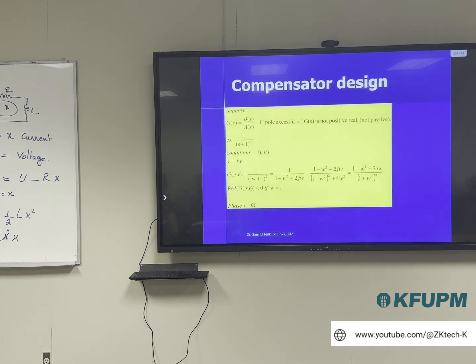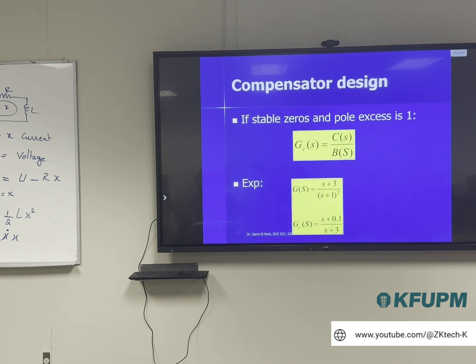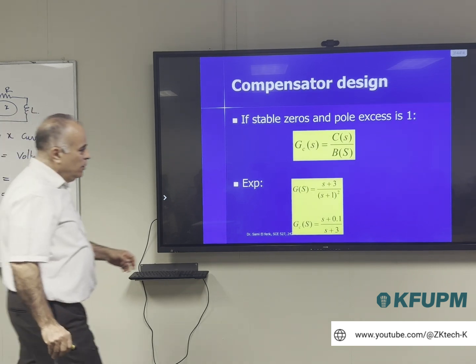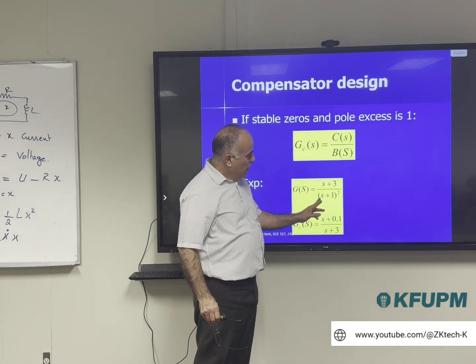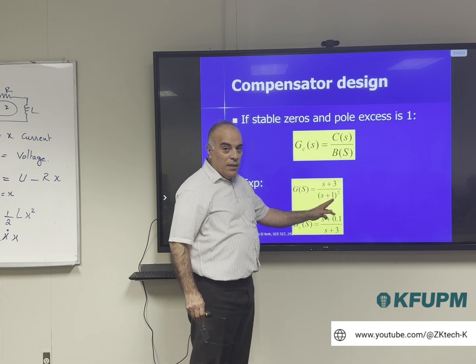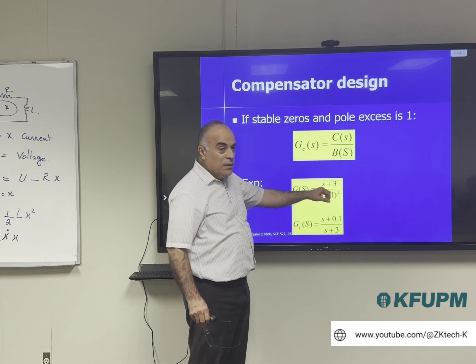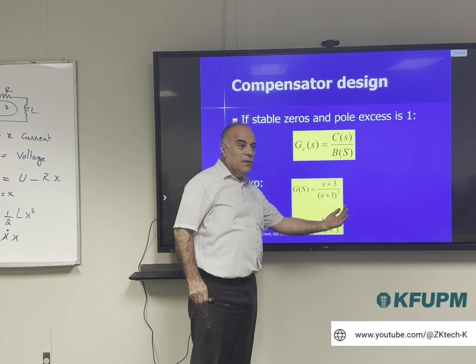All right, so this is how we do the compensator design basically for a system. This is an example, you can go through it very quickly. It just explains that G of S is not strictly output passive. Then we modify G of S: it has a numerator S plus 3 and a pole at S plus 1, so the numerator comes faster than the poles.